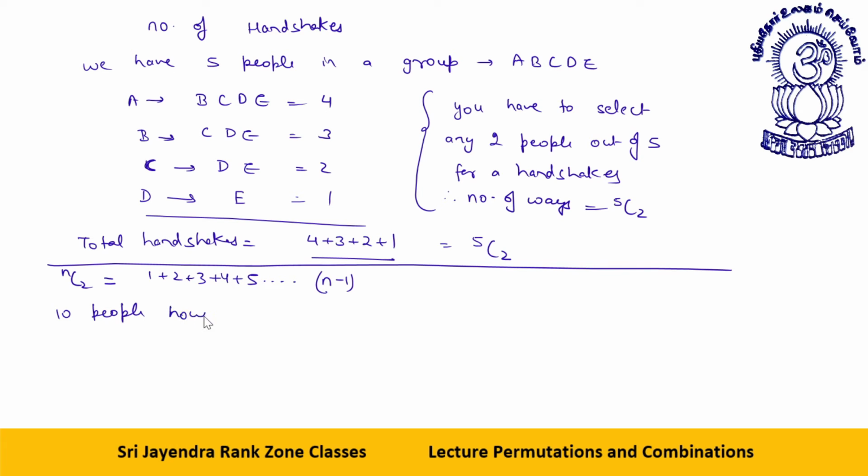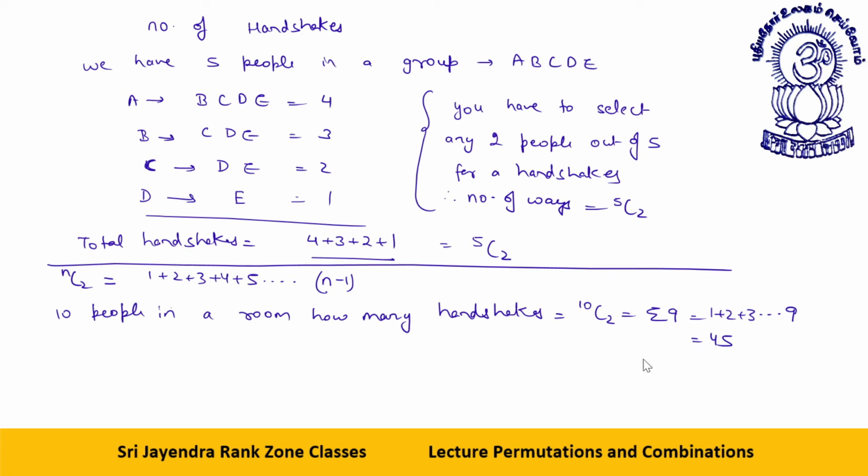10 people in a room, how many handshakes? That will be 10C2, or I can say summation 9, or 1 plus 2 plus 3 up to 9, that is 45 handshakes. This part is done.